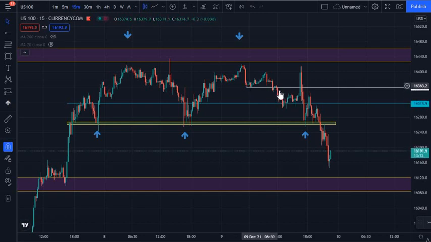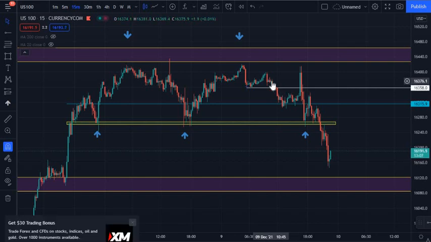So I did put this area over here to indicate a nice level of resistance on the 5-minute time frame. If you can see on the 5-minute time frame, this is a nice support and resistance area. So price got down to this zone as well, and this was a zone that I put yesterday.